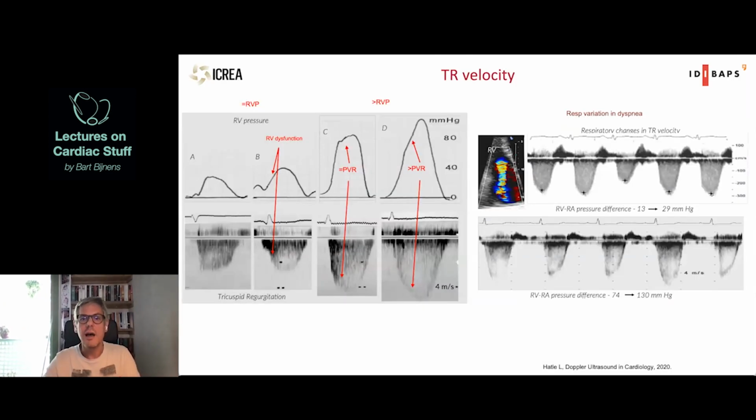You see that not only in the left ventricle. Here's an example of the tricuspid regurgitation. That is a reflection of the pressure in the right ventricle. And you see here patients with increased right ventricular pressures and increased pulmonary vascular resistance, for example.